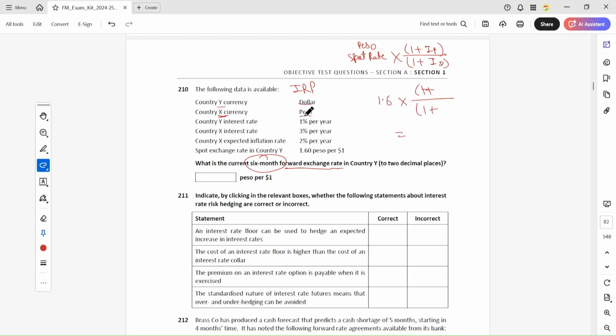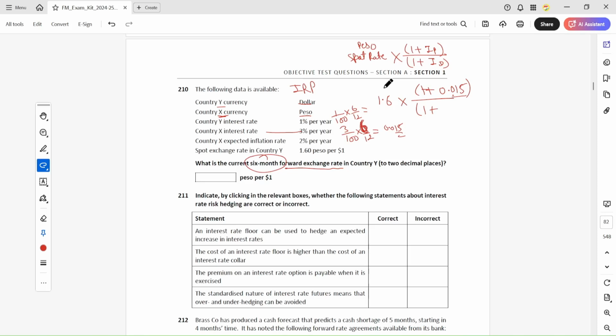Currency X. 3 divided by 100 multiplied by 6 divided by 12, which is 0.015.